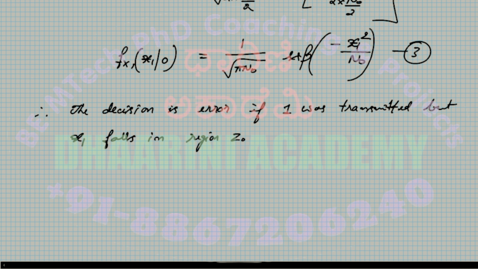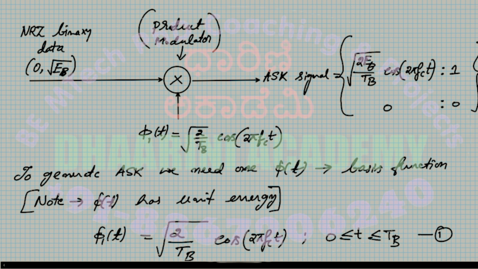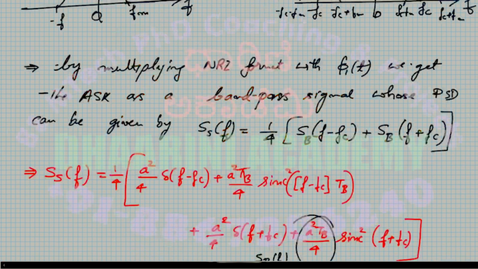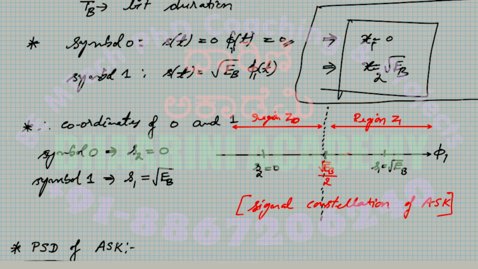I'm going to copy the previously written constellation diagram once again here, so that this becomes clear. You see, we are talking about a region Z0, which is over here.